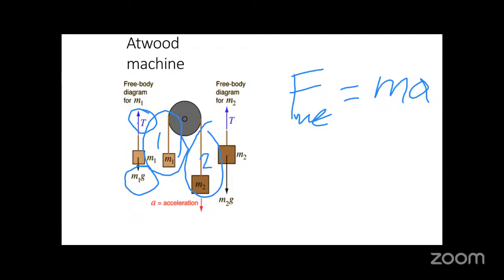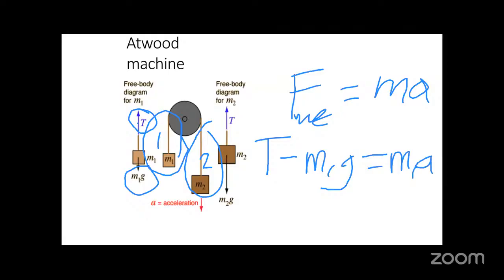So since the object is moving upward, the direction of the greater force is upward, which is the tension. So our F net will be T minus M1G, and T minus M1G is equal to M1A.